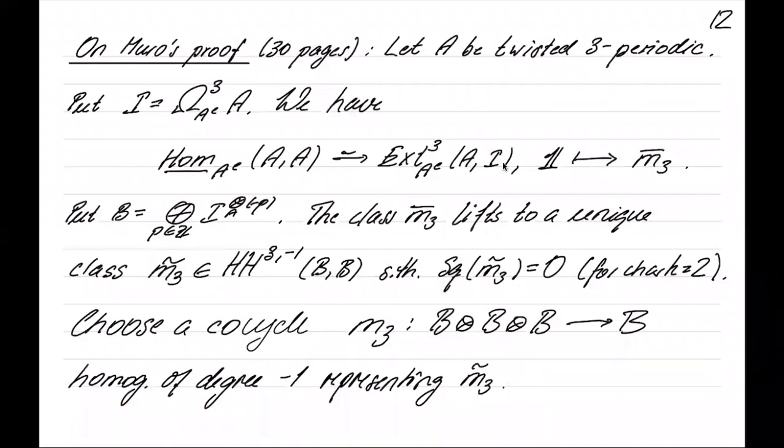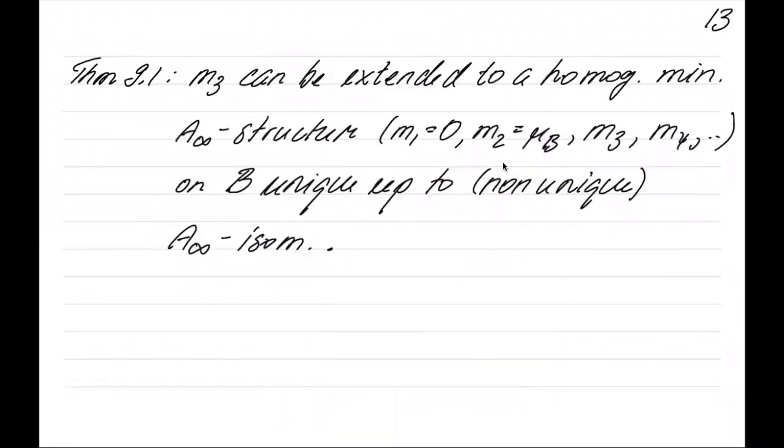And now the point is that this M3 can be completed to an A infinity structure, a minimal A infinity structure on the graded algebra. So this is the crucial theorem, line 1. M3 can be extended to a homogeneous minimal A infinity structure.